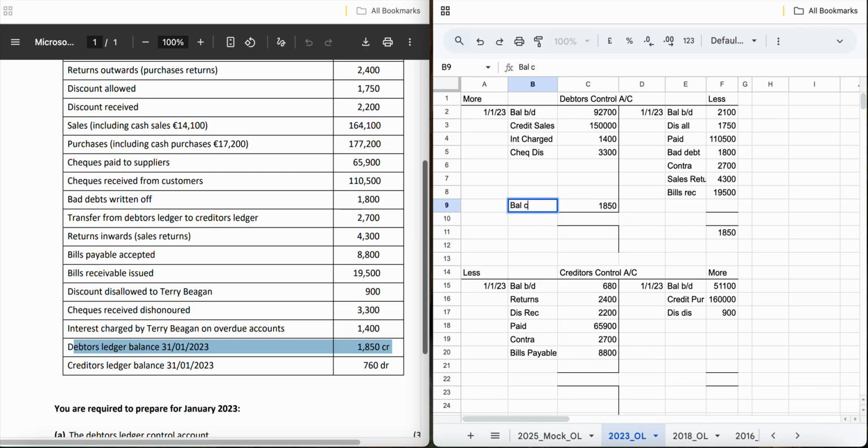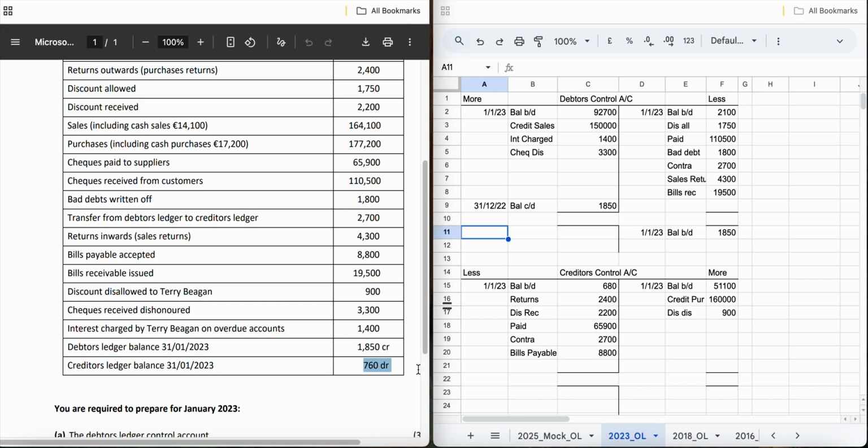Balance CD above the line, and balance BD below the line, first of the first, 23, and 31st of the 12th, 22. Same thing with your creditors. On the debit side, you have a balance of 760, balance BD first of the first, 23, and above the line, 31st of the 12th, 22, balance CD.